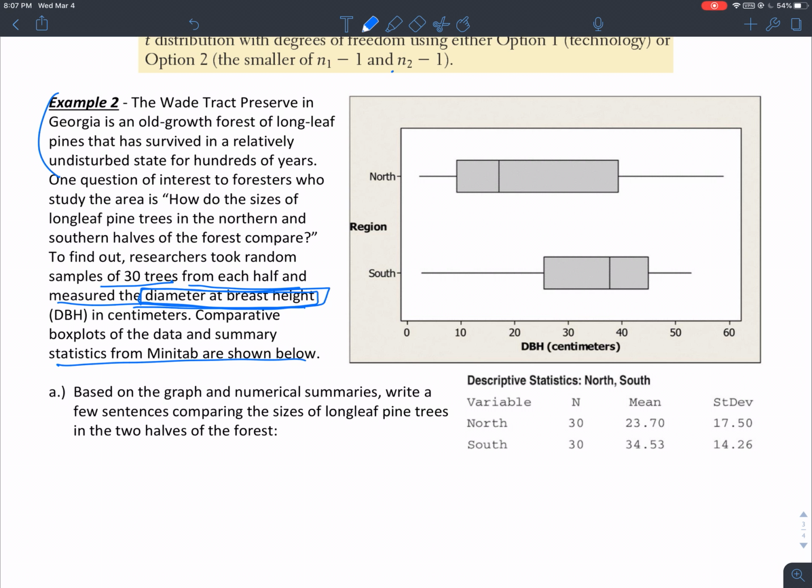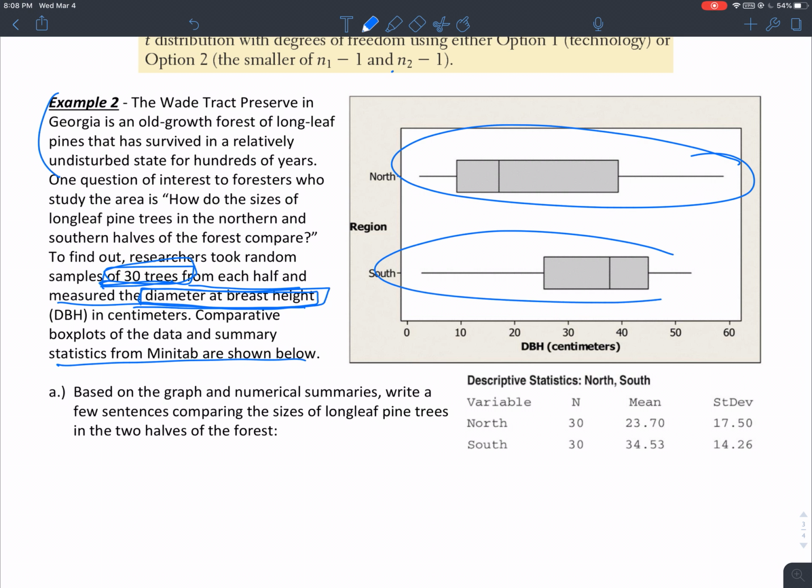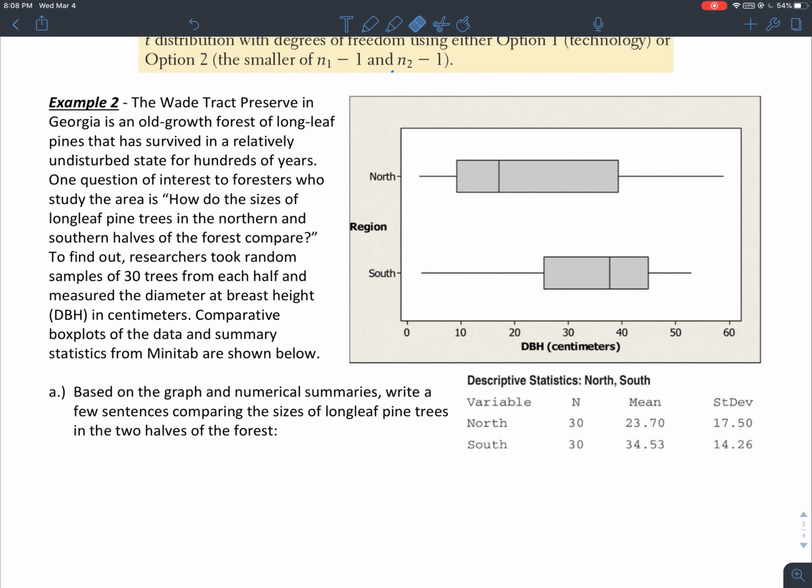Well, you should be happy about this. Sample size is 30, and the box plots don't show any outliers, so that should make you happy for the normal condition. This is the thought that should cross your mind first, but we're not there yet. They say, based on the graph and numerical summaries, write a few sentences comparing the sizes of longleaf pine trees in the northern half and southern half of the forest.